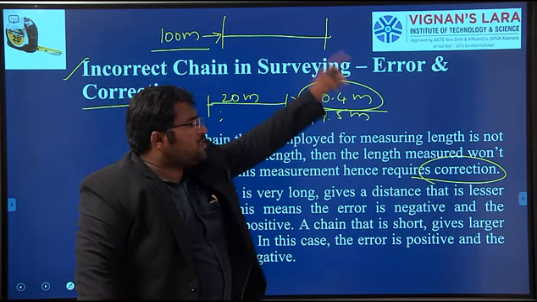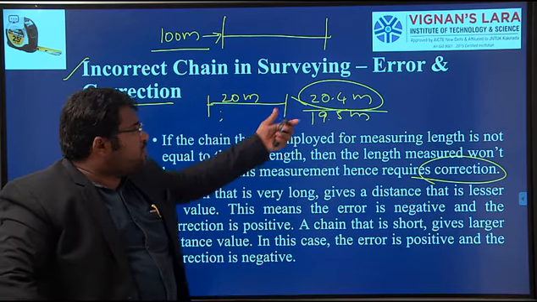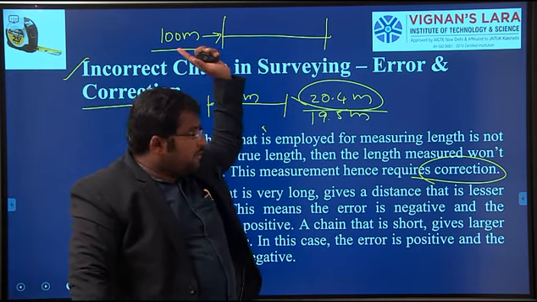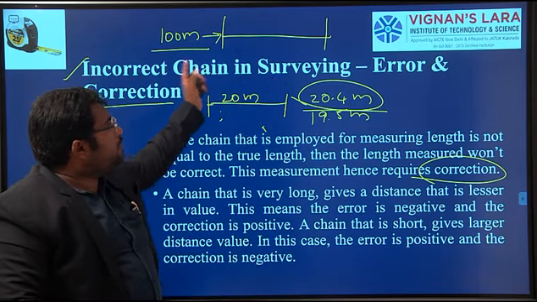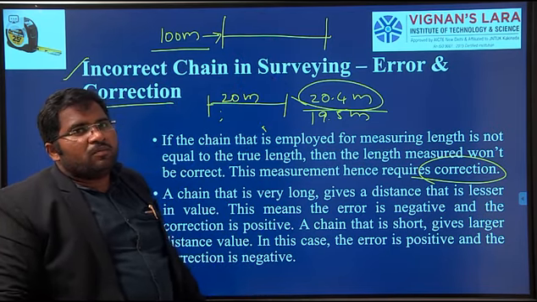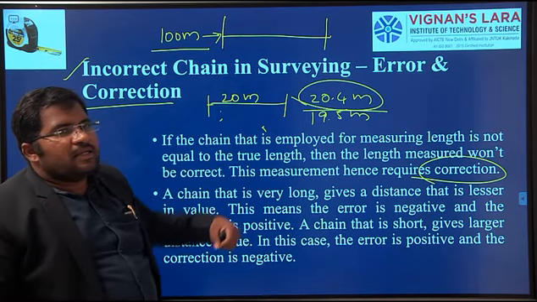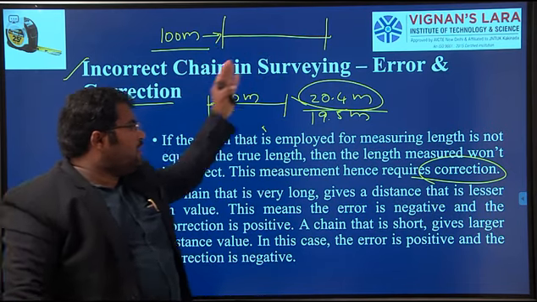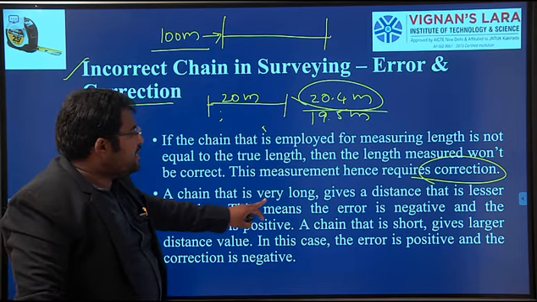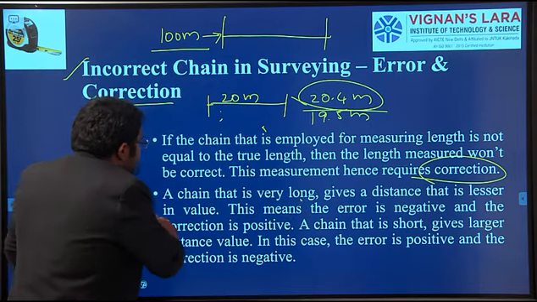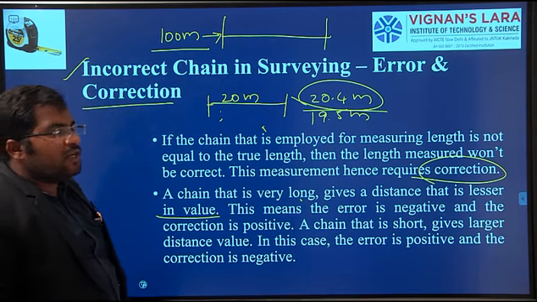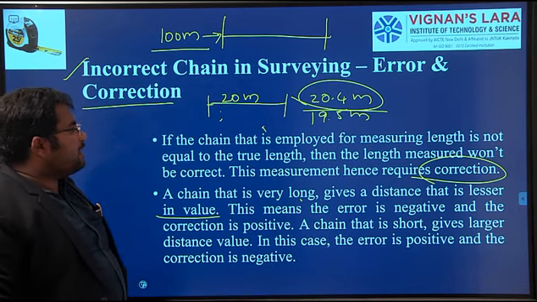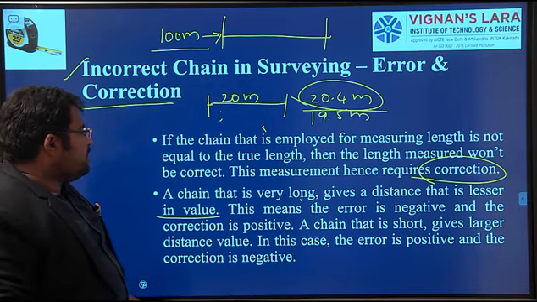I assume it is 20, but it has a higher value, so I will get a more value per chain length, and the distance will become less. Instead of getting 5 chain lengths, I will complete with some 4 point something within that length. That is, if the chain is very long, it gives a distance lesser in value. I won't get 100 meters, I will get less than 100 meters. That's why the error is negative.